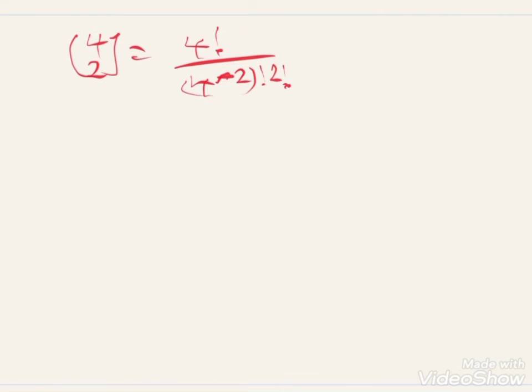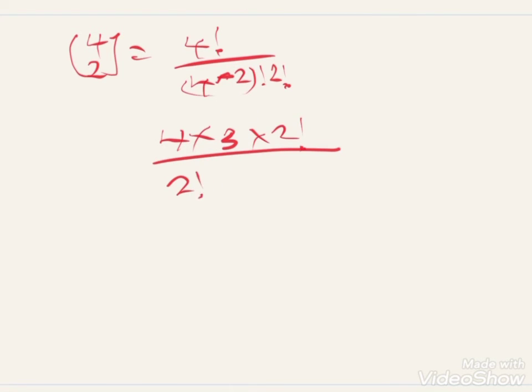Now we go to 4 combination 2, which equals 4 factorial over (4 minus 2) factorial times 2 factorial. 4 factorial is 4 times 3 times 2 factorial, all over 2 factorial times 2 factorial, since 4 minus 2 is 2.